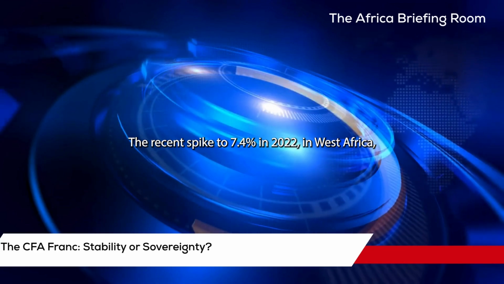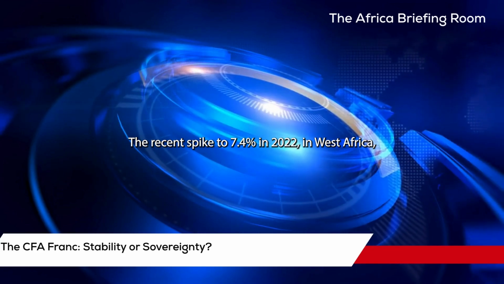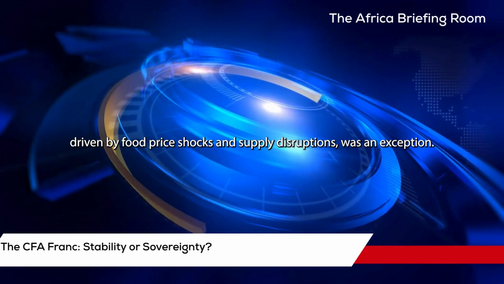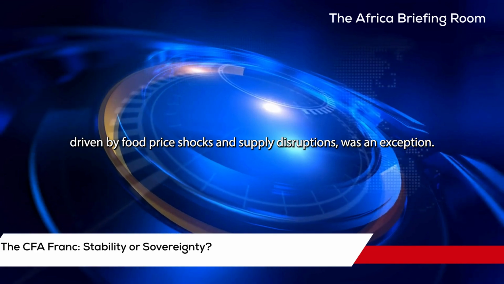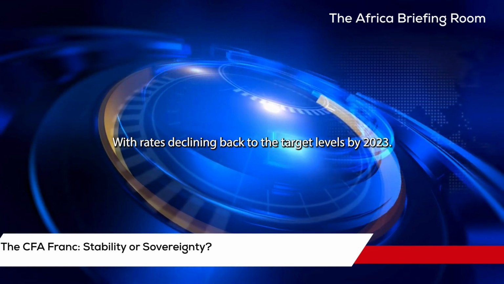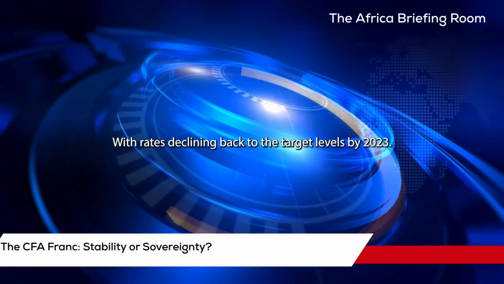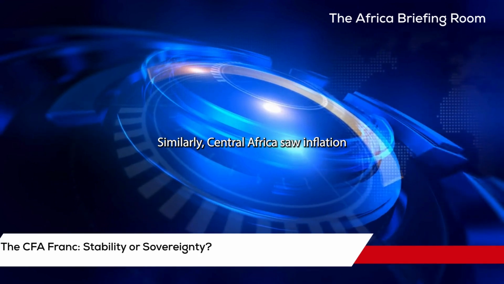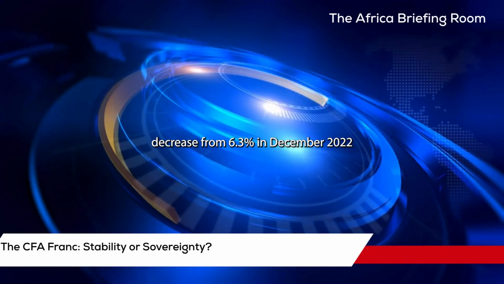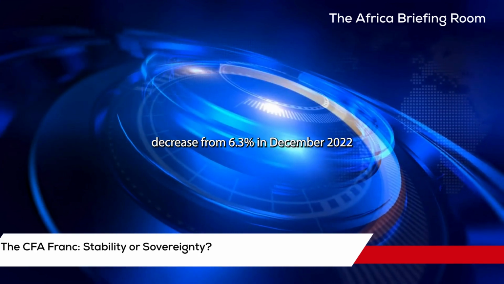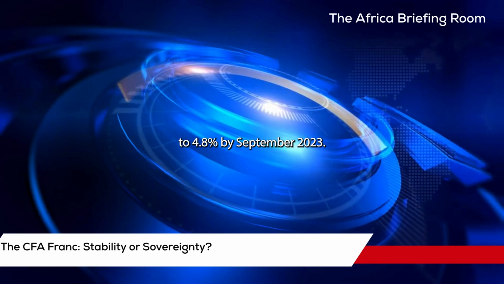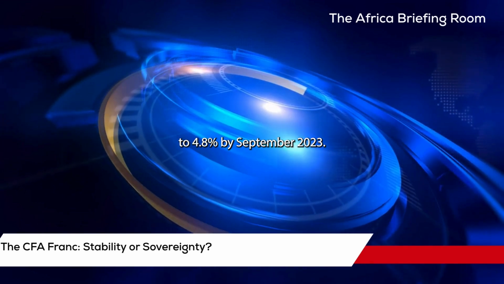The recent spike to 7.4% in 2022 in West Africa, driven by food price shocks and supply disruptions, was an exception, with rates declining back toward target levels by 2023. Similarly, Central Africa saw inflation decrease from 6.3% in December 2022 to 4.8% by September 2023.